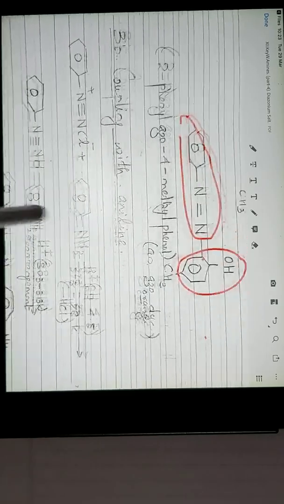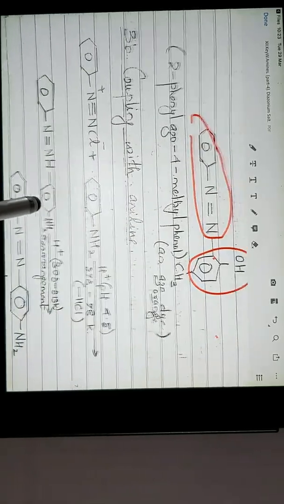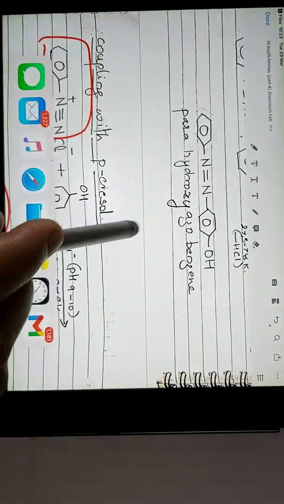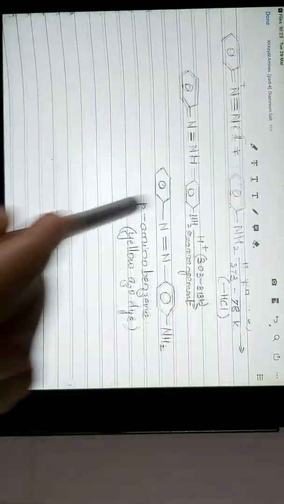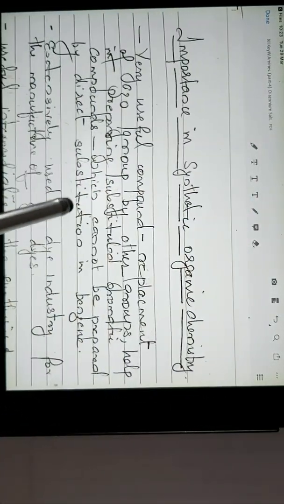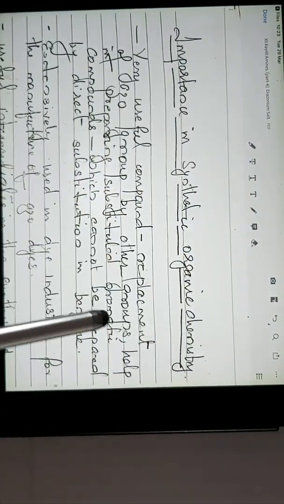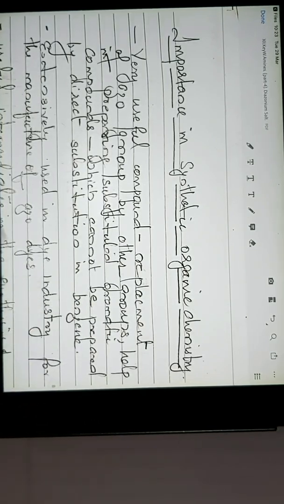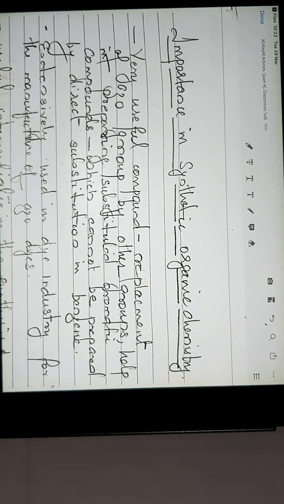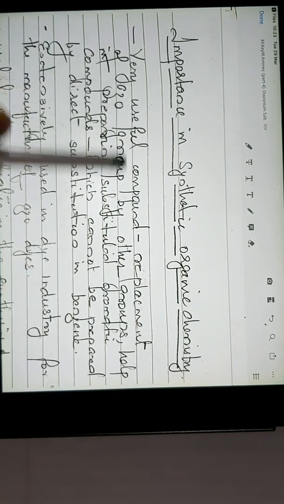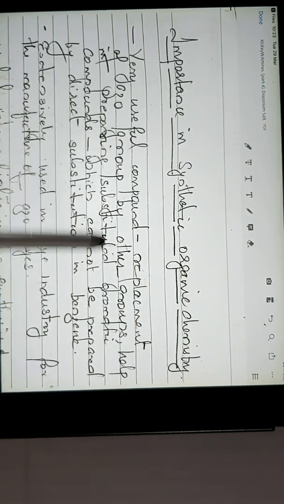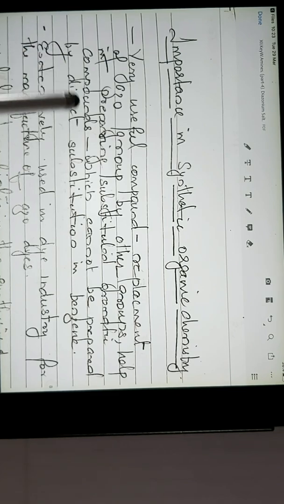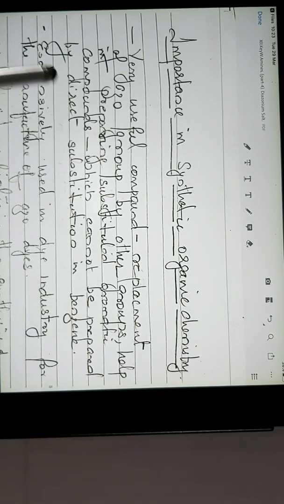So that's about the different reactions. We already discussed the coupling reaction with phenol and the coupling reaction with aniline. Now we come to the next, that is, importance in synthetic organic chemistry. This is a useful compound because it can be used for the preparation of different organic compounds. Replacing the azo group by other groups helps in preparing substituted aromatic compounds.